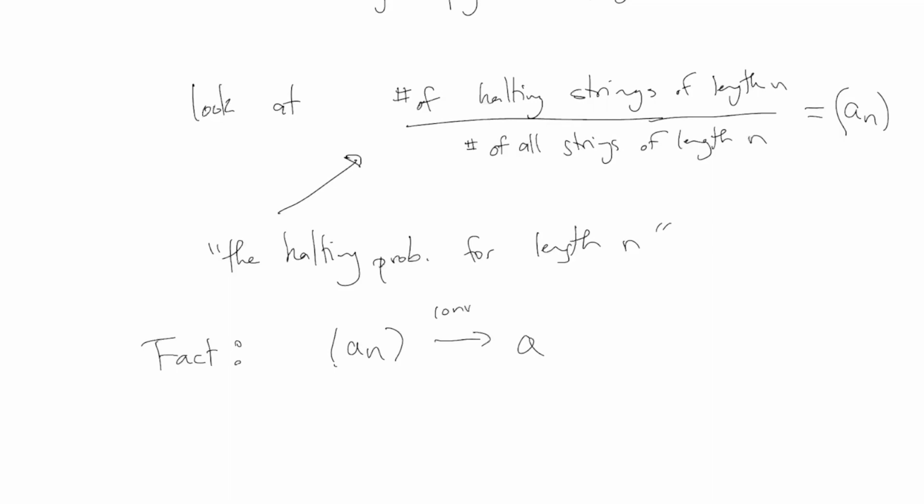What that means is as you take higher and higher values of n, you consider longer and longer strings and ask what's the probability that a giant string will actually be a legal Python program which halts. That actually converges to a specific number. And this number is this Kittin's number.